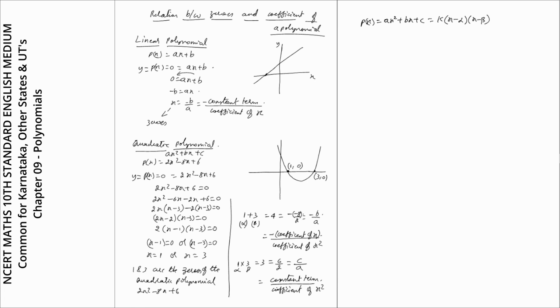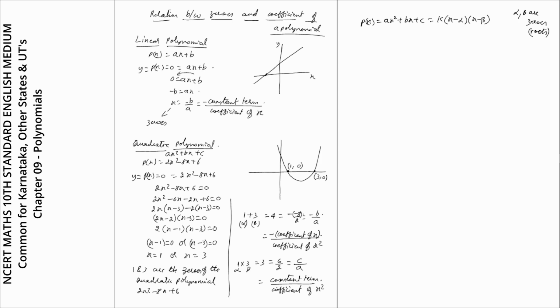You can see the previous page. In the previous example, I factorized the polynomial and got k into x minus alpha into x minus beta, where alpha and beta are zeros. Zeros are the roots of the given quadratic polynomial.